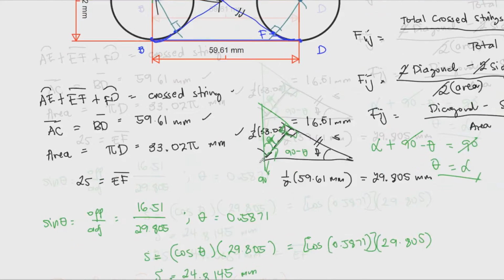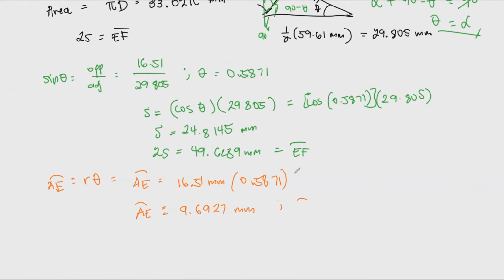FD from this figure. So we have FD. So FD is also equal to 9.6927. Therefore, our cross string is equal to 2s, which is the EF. So that's 49.6289, and then 2 of this arc length.